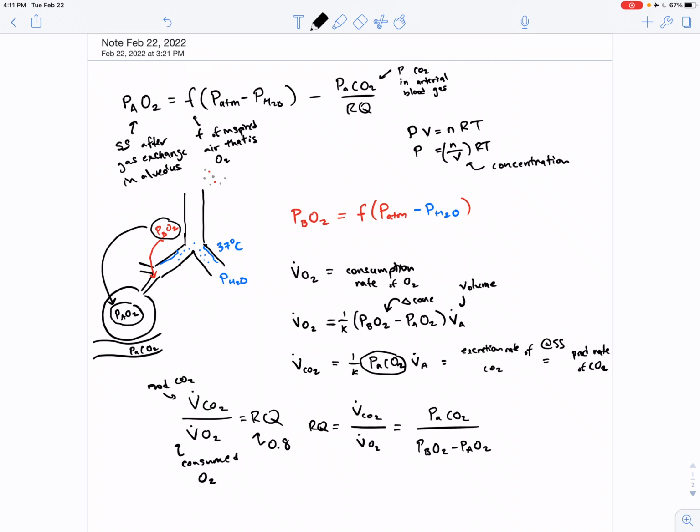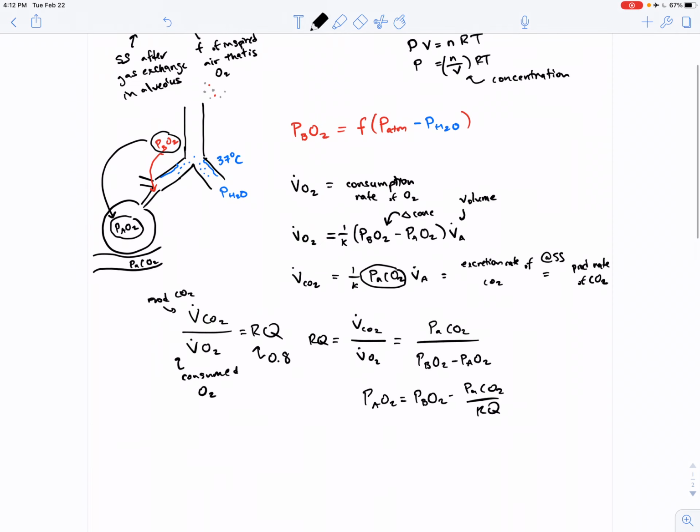If we rearrange this, we get PaO2 is equal to PbO2 minus PaCO2 divided by respiratory quotient. And if we remember up top that PbO2 is equal to F times PATM minus PH2O minus PaCO2 over RQ, this is our answer.